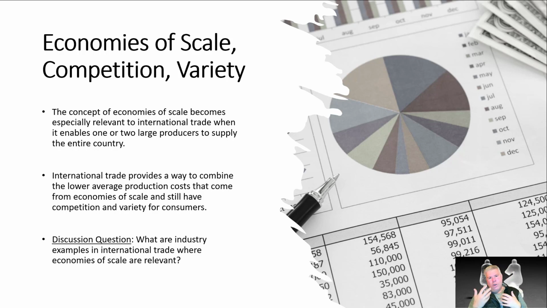Elements like this are why economic sanctions, like against North Korea, for instance, have some bite to them, have effectiveness, because when you take a country like North Korea and you isolate it, it forces North Korea to either give up some of these benefits from global trade or to attempt to produce everything themselves, which then creates diseconomies of scale and makes it very difficult for them to be efficient and effective.